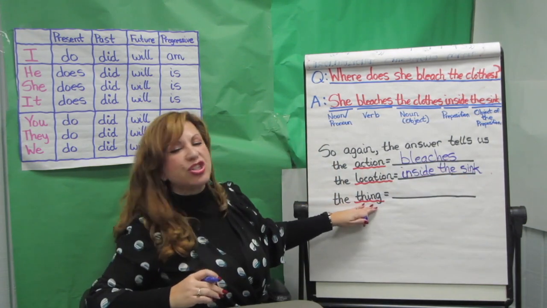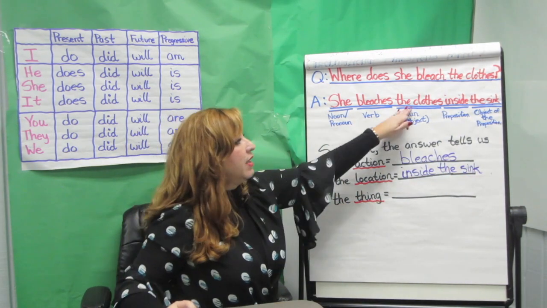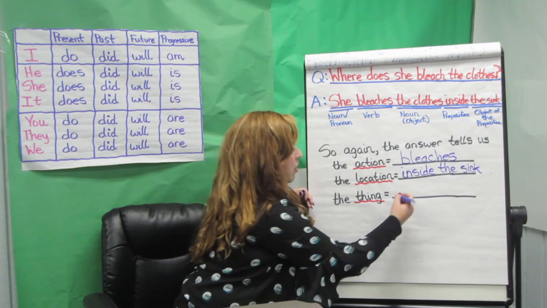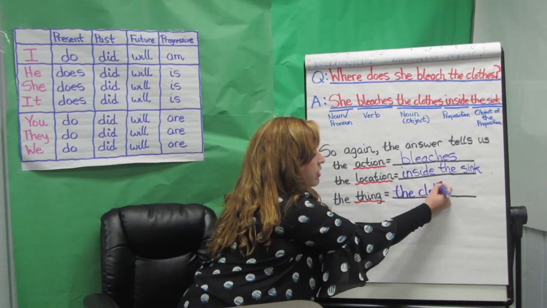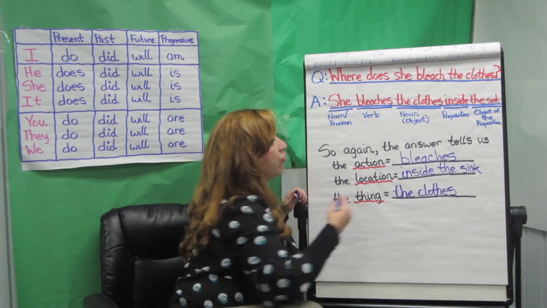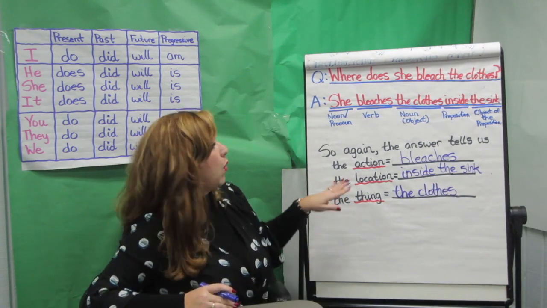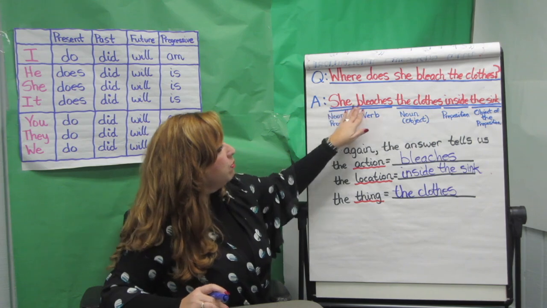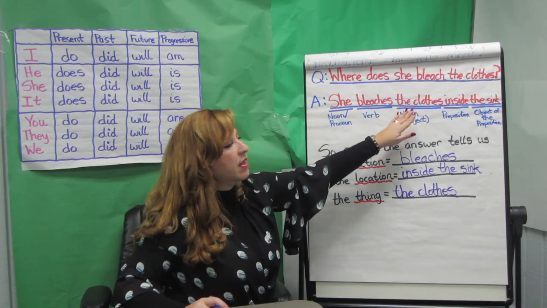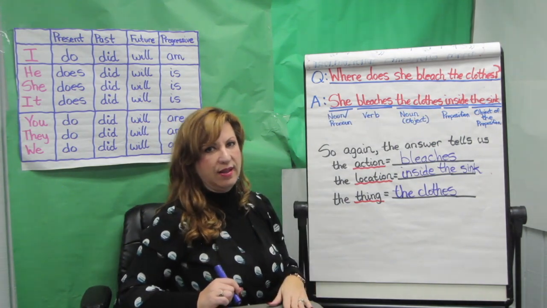And the thing that she is bleaching is the clothes. So here, you can see how we are giving more information as we answer the question. Where does she bleach the clothes? She bleaches the clothes inside the sink.